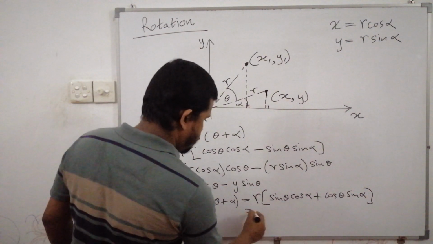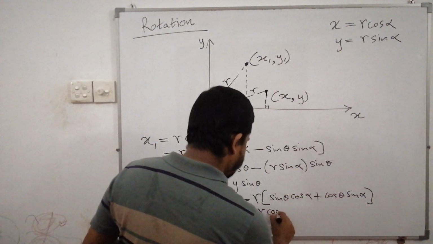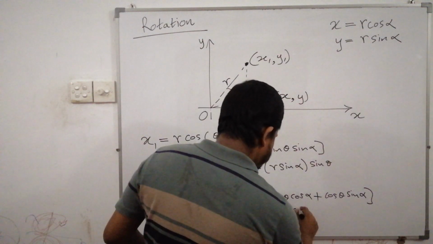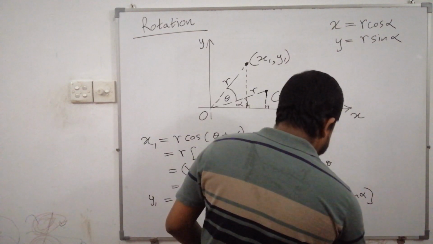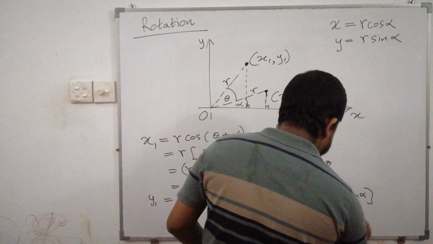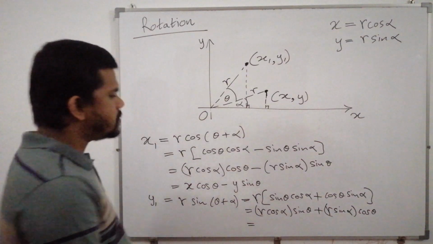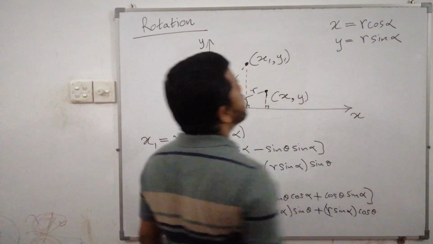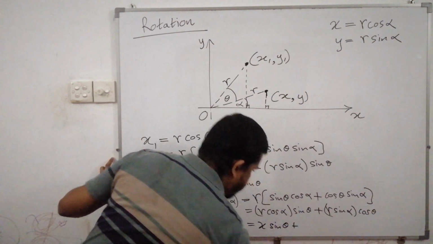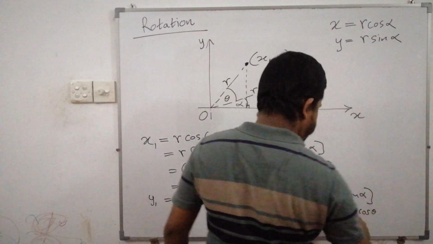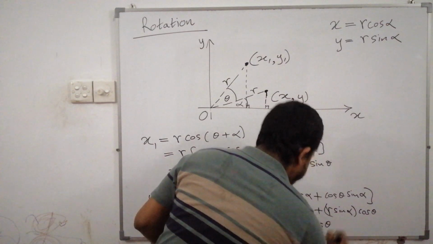Now again this one we can write down as r cos alpha sin theta plus r sin alpha cos theta. So here for r cos alpha we can substitute x sin theta, plus for r sin alpha we put y cos theta.